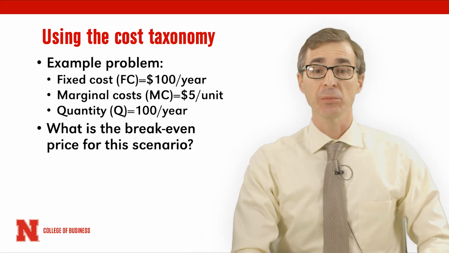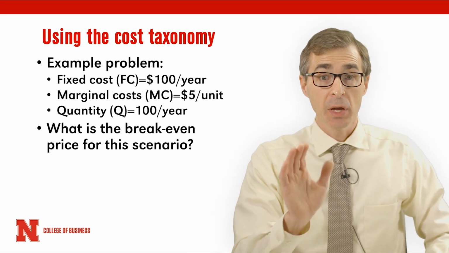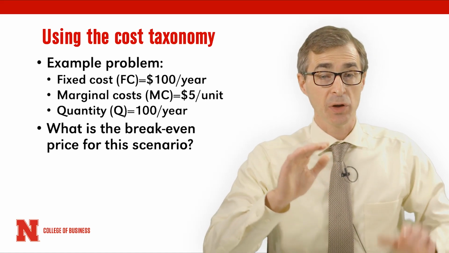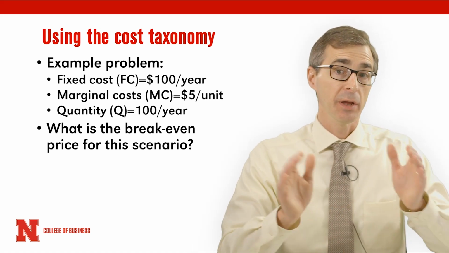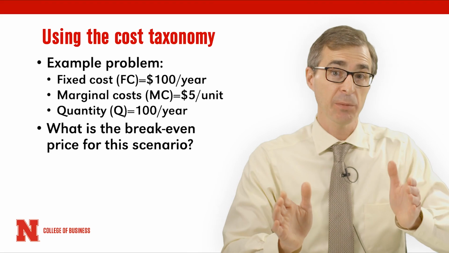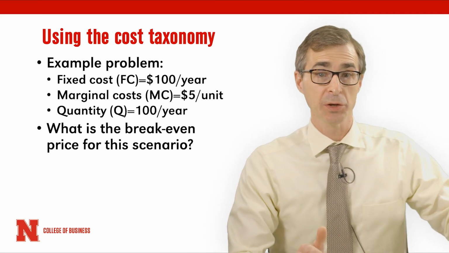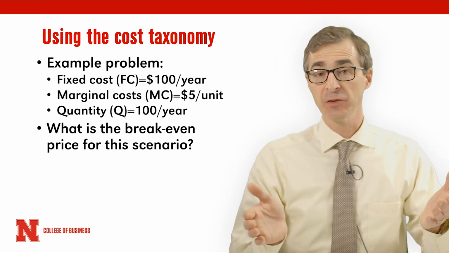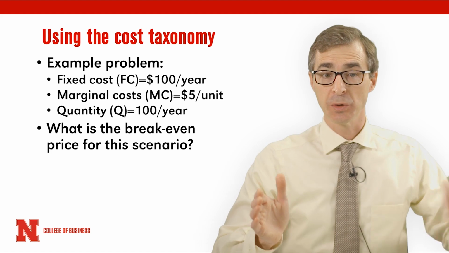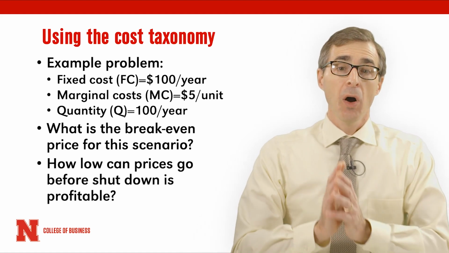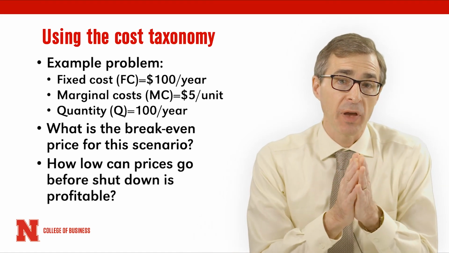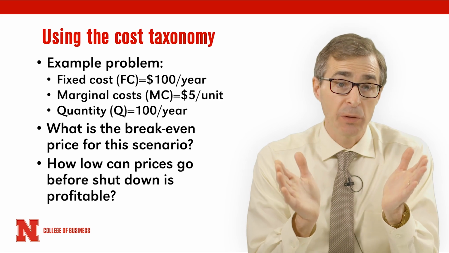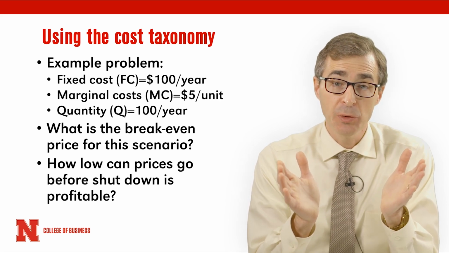So the break-even price in this particular scenario is going to vary depending on whether we're talking about short run or long run. Now, I've just defined this break point between short and long run as a one-year period based on that fixed cost being a one-year renewable lease. Over the short run, we would say that the average avoidable cost is $5 per unit.